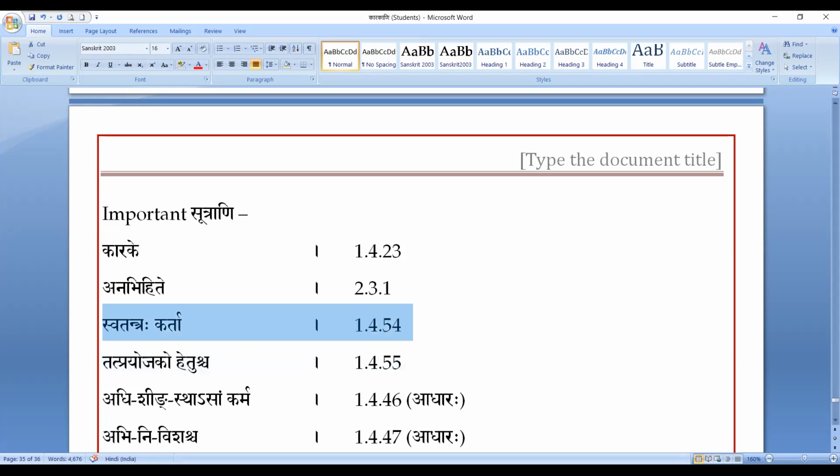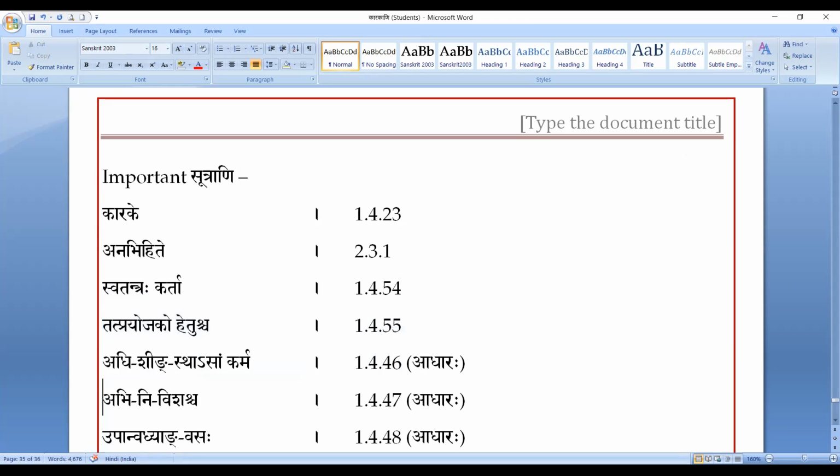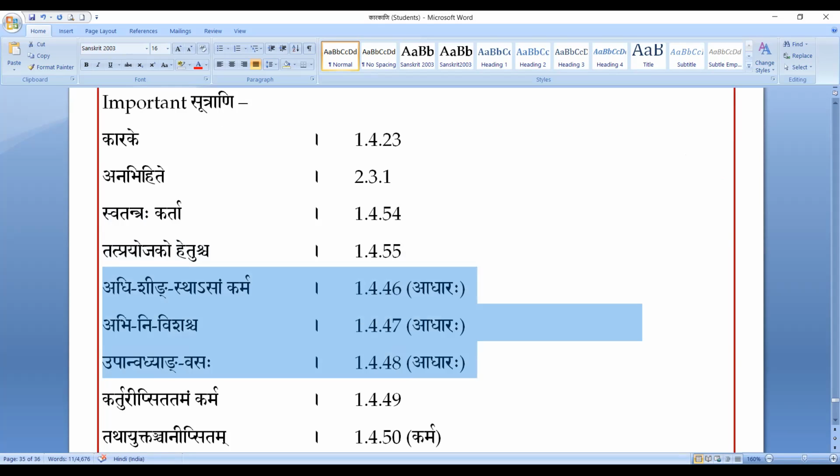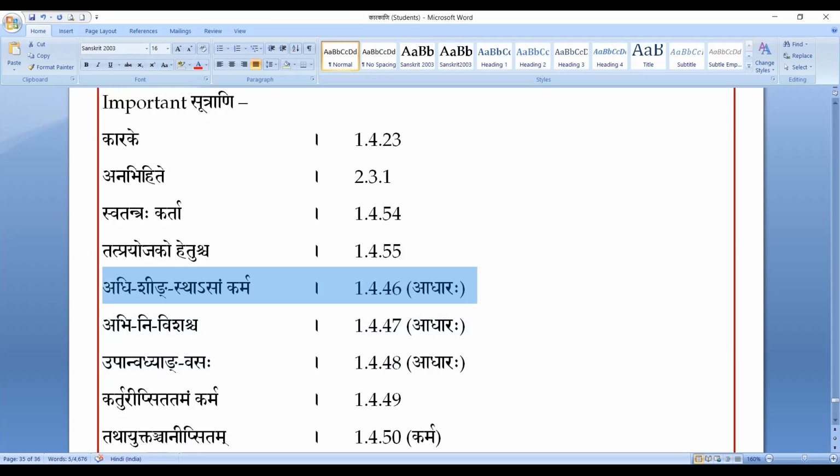That which is Karta, which is Abhihita, in Kartari Prayoga, will be Prathama Vibhakti, we know. Then we saw this sutra in the last class, defining what Karma is: Adhishinsthasam, that is shin, sthaa and aas dhatus. With the Adhi upasarga, it will assign Karma Sanya, and therefore it would be Karma Karaka, Dvitiya Vibhakti.